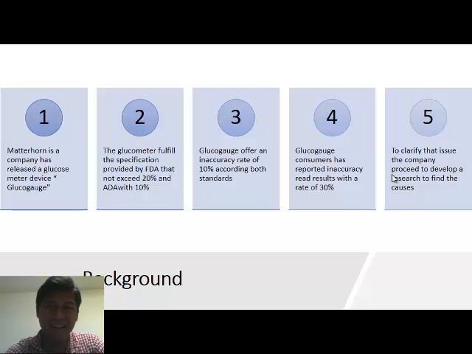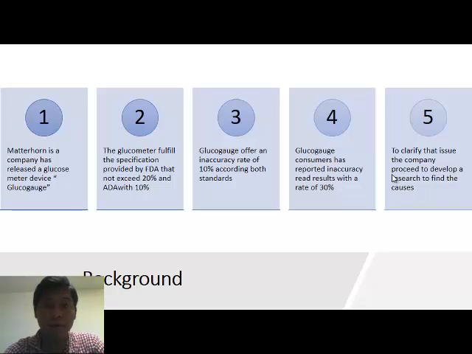The machine didn't exceed the limit of 10% inaccuracy range.